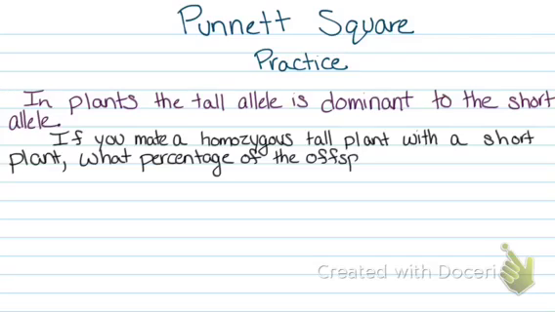To start with, you're going to write down both parents' genotypes. Remember, one of the parents would be homozygous tall, and the other parent is short. Take a second and think about what it means if the parent is short. What would the genotype be?